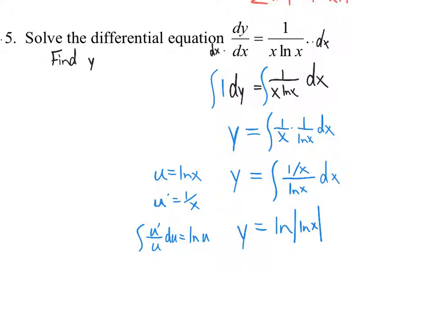Oh wait, so are you saying that this is the integral of u prime over u, and it's the natural log? Yes. So notice here, guys, if we're taking the integral of u prime over u, it ends up being the natural log of u.